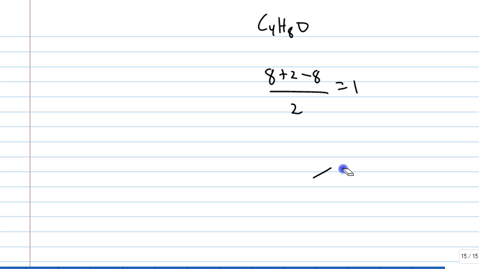That's way too many. What if we had one hydrogen? Would those be CHs by a double bond probably? Yes, that makes sense. And that would take care of the double bond, but not the oxygen.